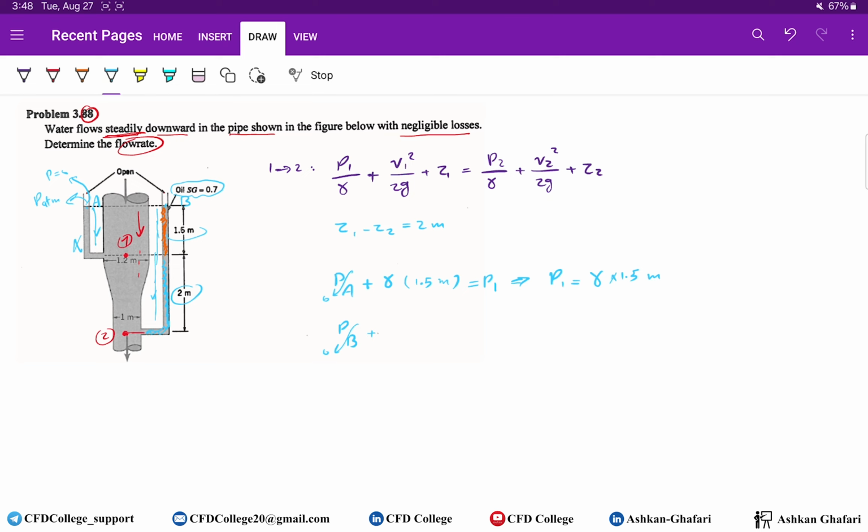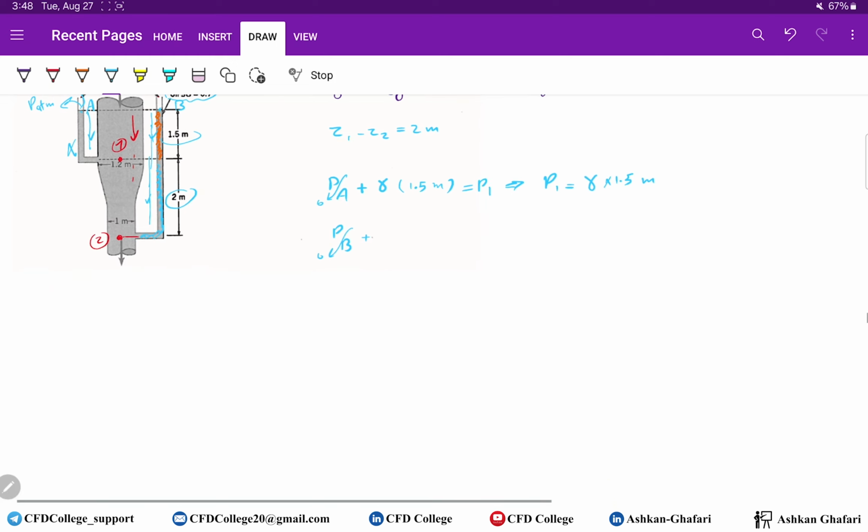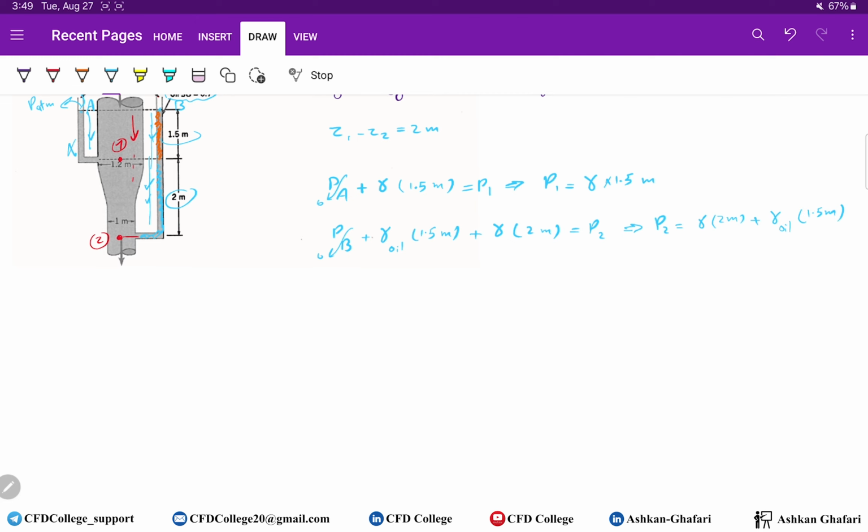So first the oil part, the movement is downward, so I should add the pressure, gamma of oil times 1.5 meters. Then we should keep going downward, plus gamma of water times 2 meters, and then I reach point 2. So P2 equals gamma times 2 meters plus gamma of oil times 1.5 meters.